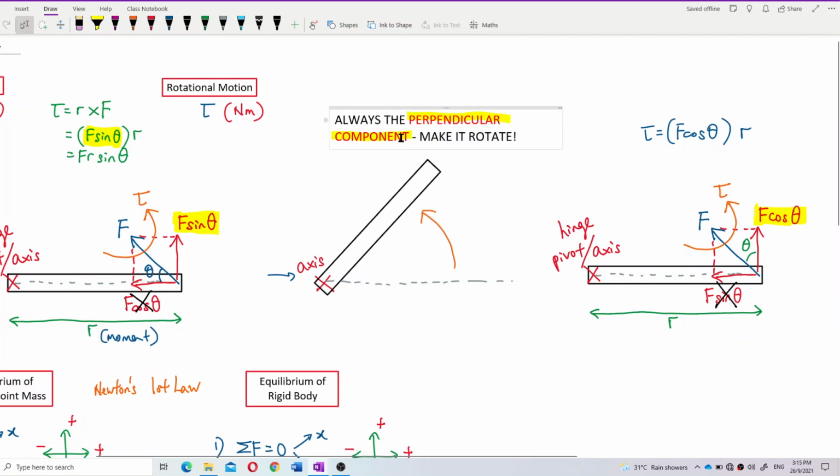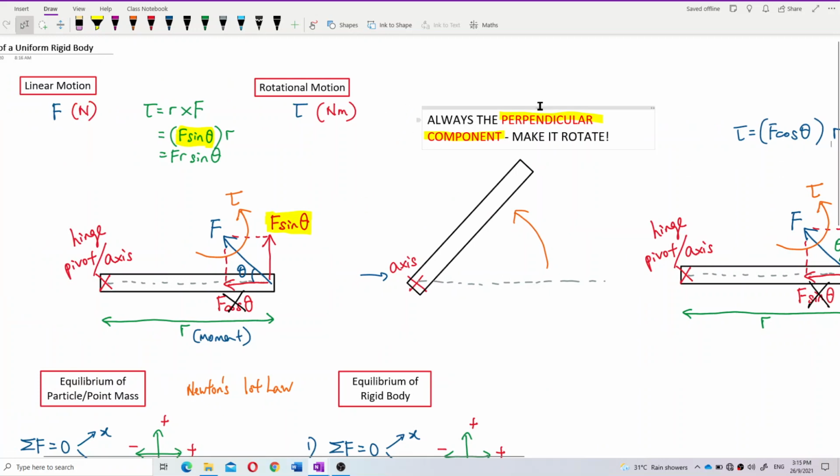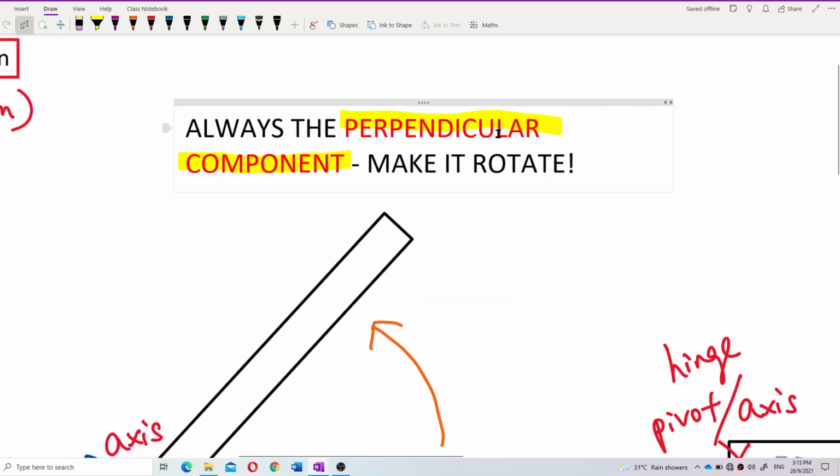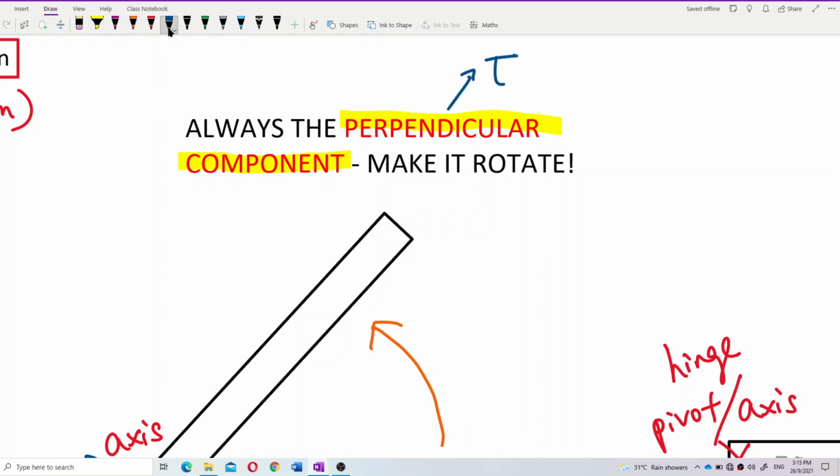The perpendicular component can be F sine theta or F cos theta, depending on where the angle theta is. So always remember this basic concept: the perpendicular component makes the object rotate, and is responsible for the torque.